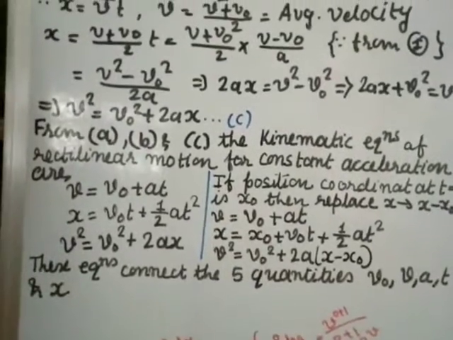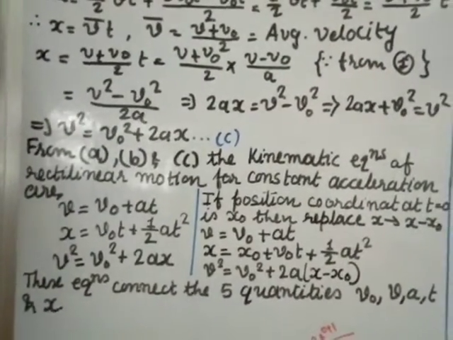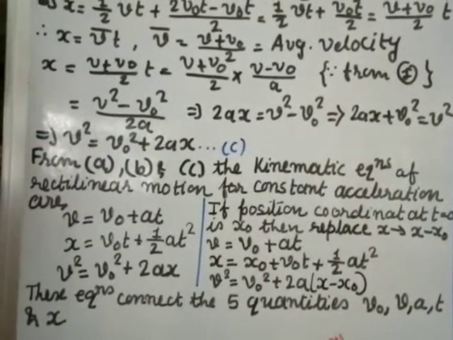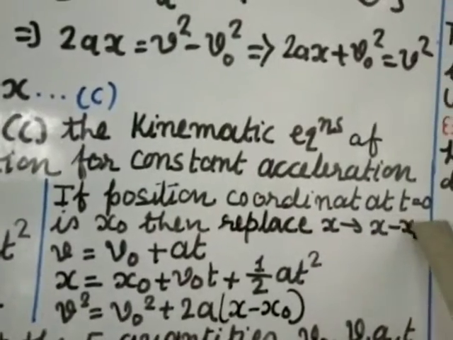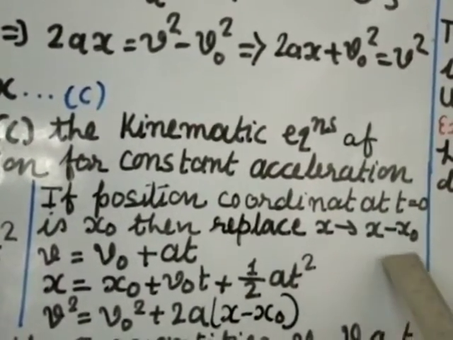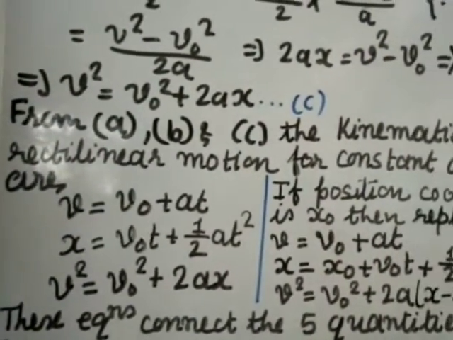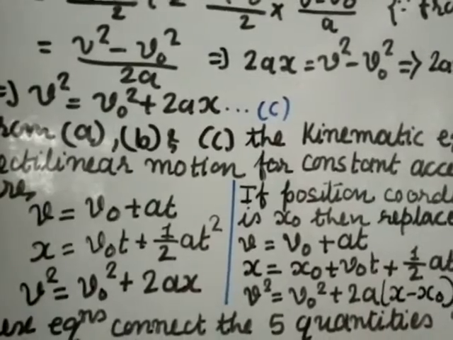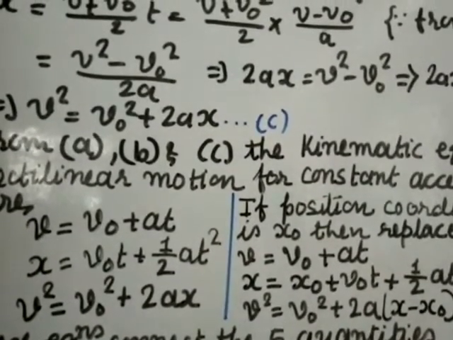Now in this, initially we are taking the position coordinate as 0. But suppose initially at t equal to 0 we take position at x naught. If position coordinate at t equal to 0 is x naught, then we replace x by x minus x naught, because now the object is initially at the position x naught.